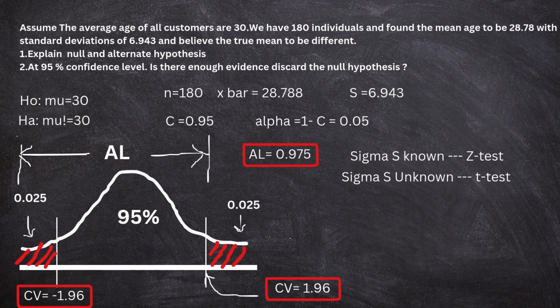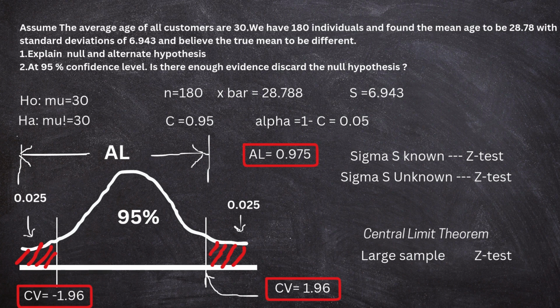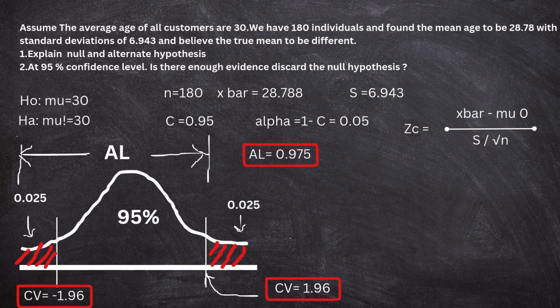If the standard deviation is known, a z-test is employed, and if the standard deviation is unknown, a t-test is used. Some courses, due to the central limit theorem, whenever the sample size is at least 30, apply the z-test whether the standard deviation is known or not. For this data, we will conduct a z-test, because the sample is large and we could use the z-values.